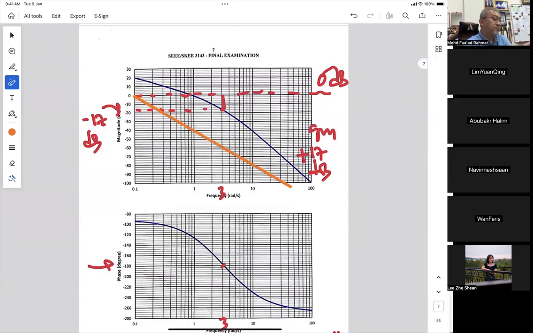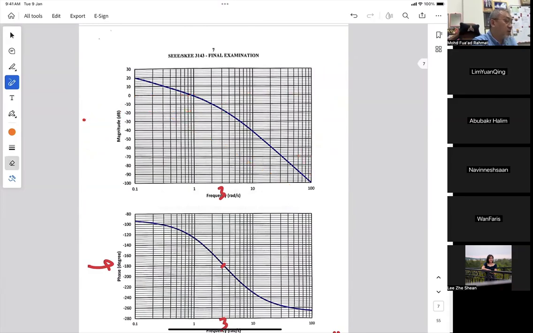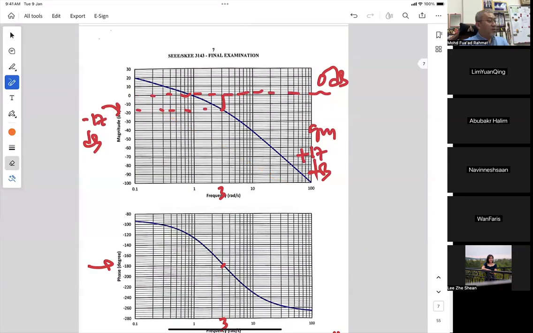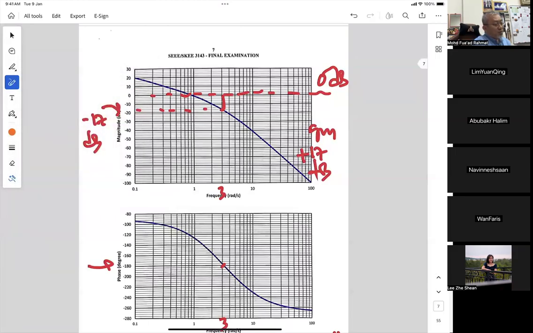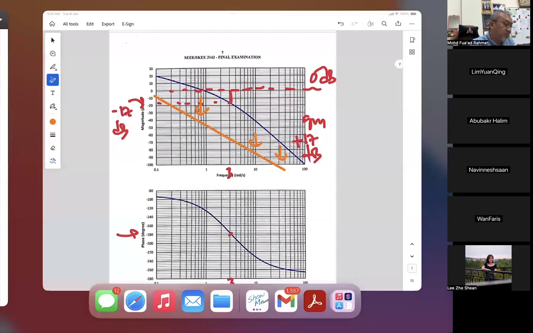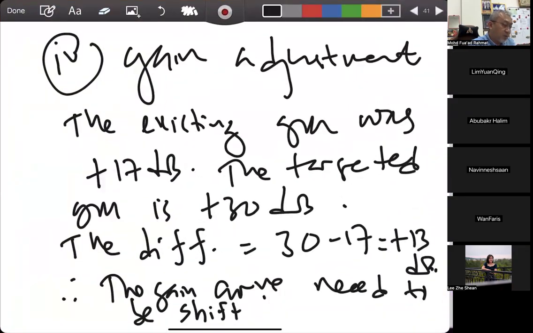My hand drawing is not very beautiful. So need to shift down by the amount of 13 decibel. Am I right? Shift down minus 13 decibel. Okay?